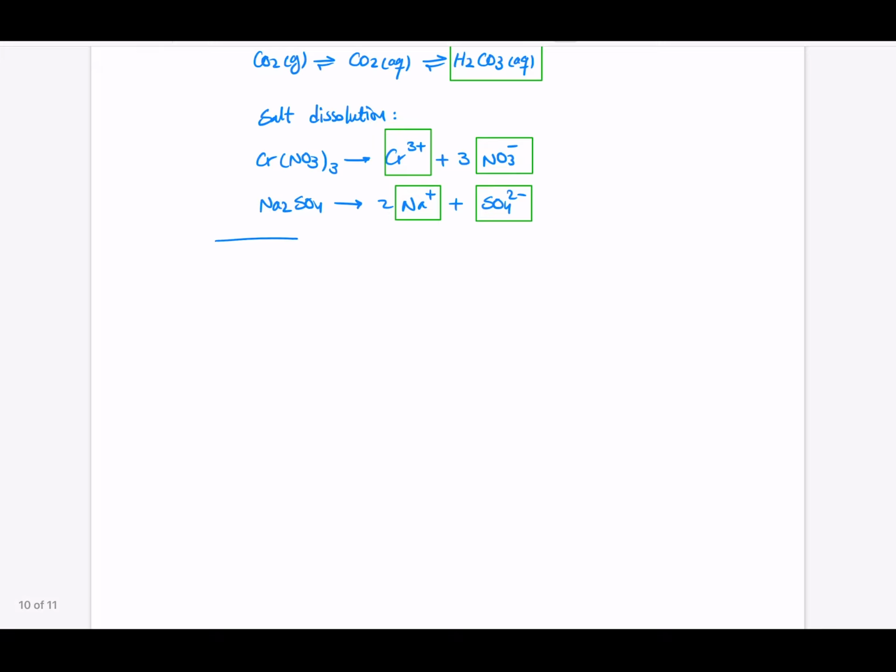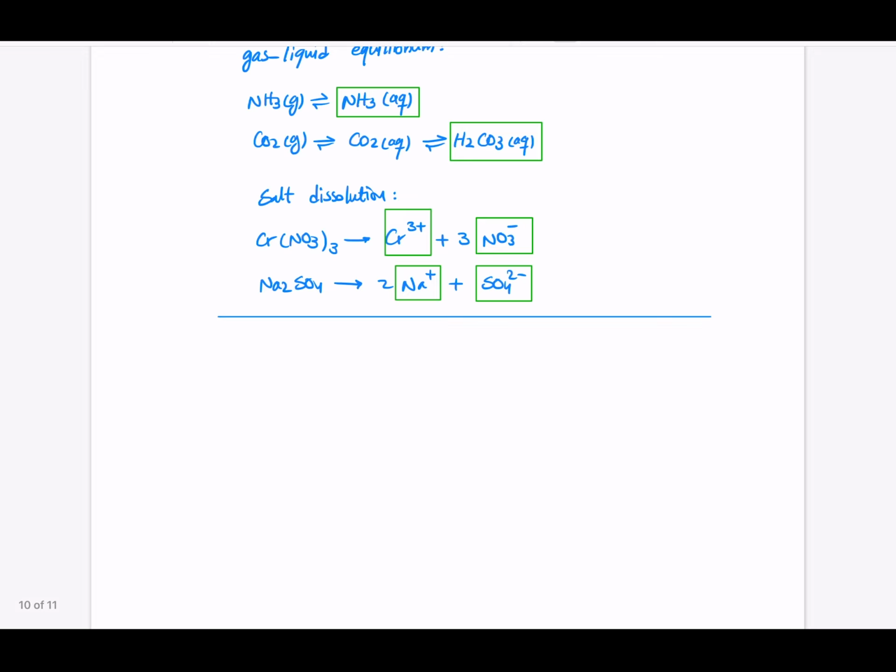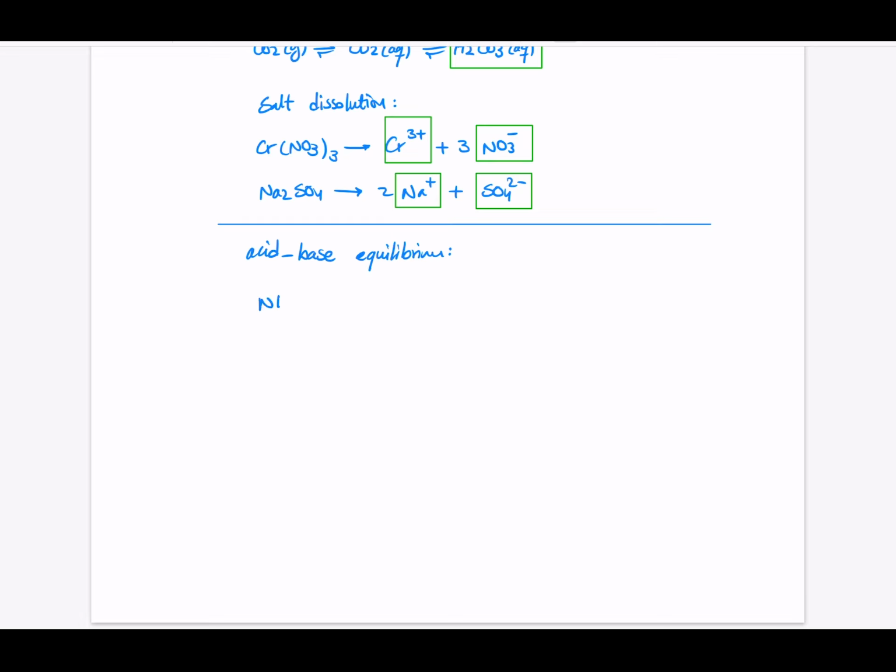Once we have all of this in the system, then we establish equilibrium. The first kind of equilibrium is acid-base equilibrium from chapter 2. So from acid-base equilibrium, we know ammonia is in equilibrium with ammonium, with ammonia and proton. Basically, this will be introduced.